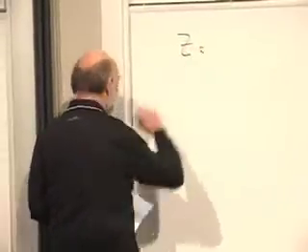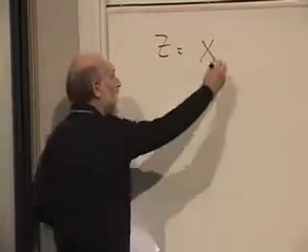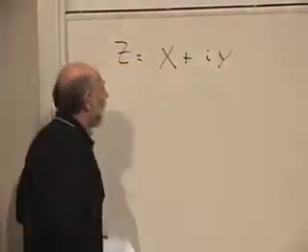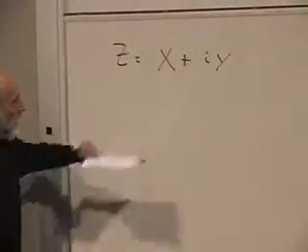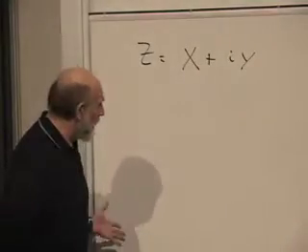I just want to tell you that, and then we can examine the complex numbers a little bit. A complex number is just two real numbers added together with i, x plus iy. x is called the real part, y is called the imaginary part, and i is the square root of -1.